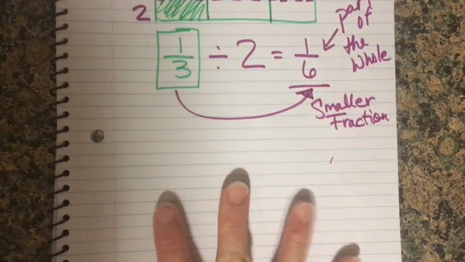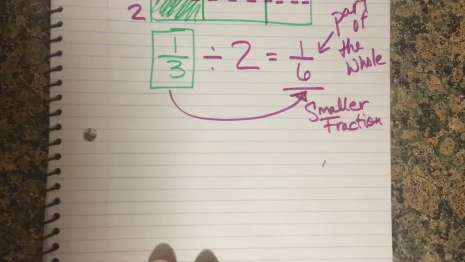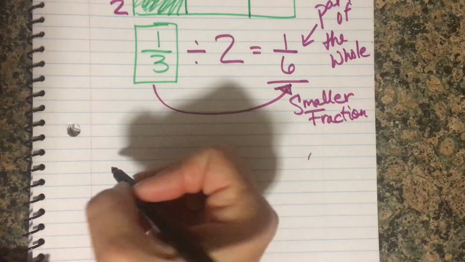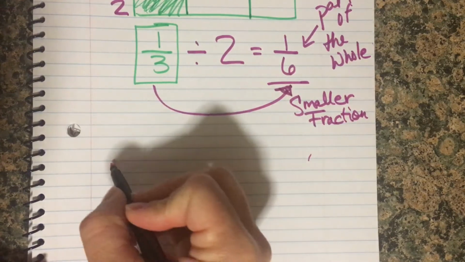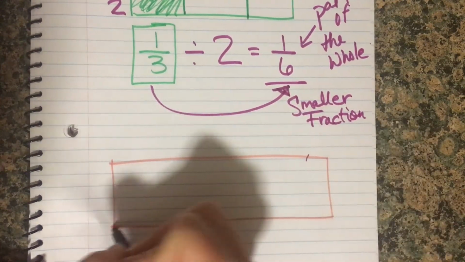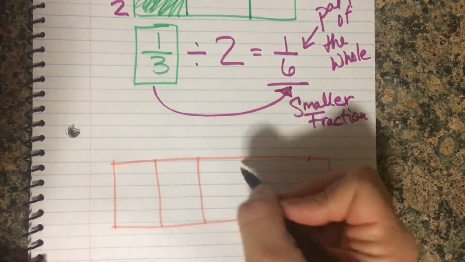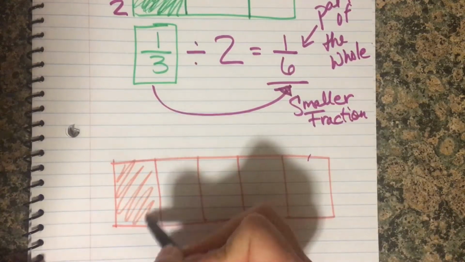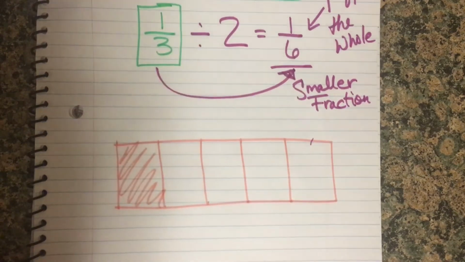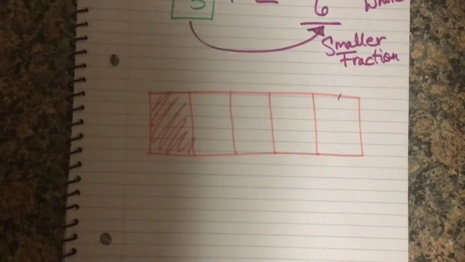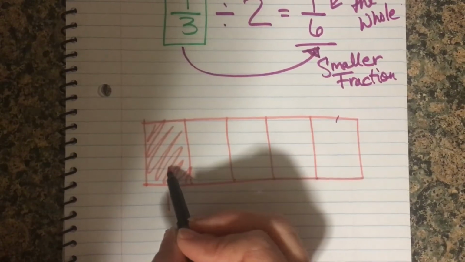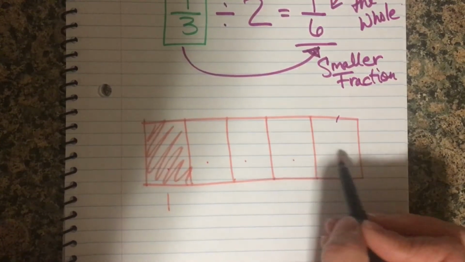I'm going to show you one more model. I start with this fraction model, which shows 1 out of 1, 2, 3, 4, 5.